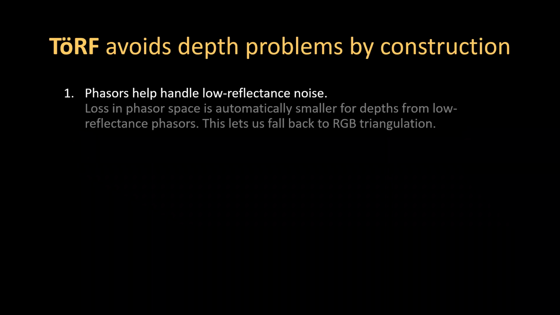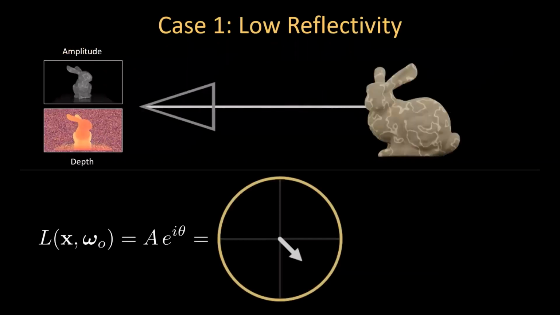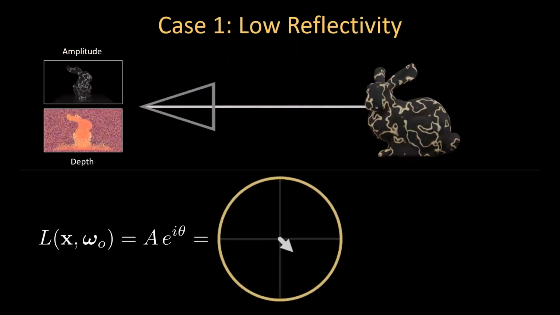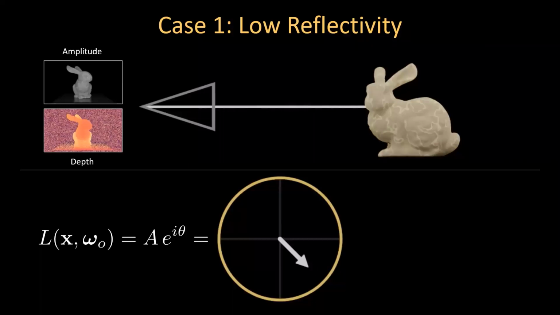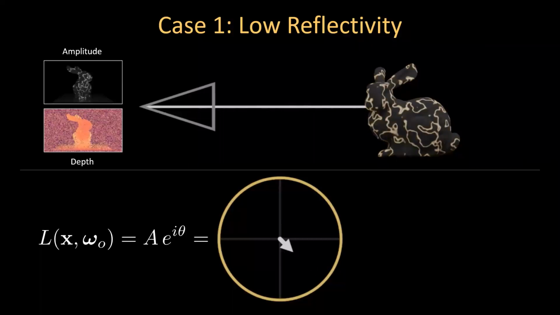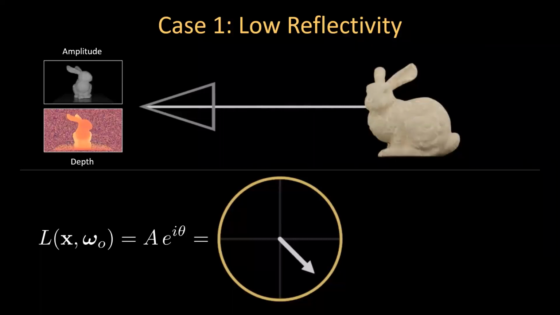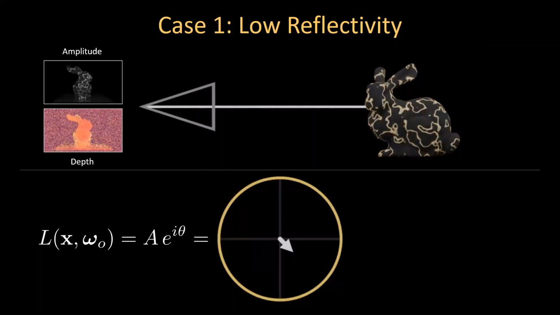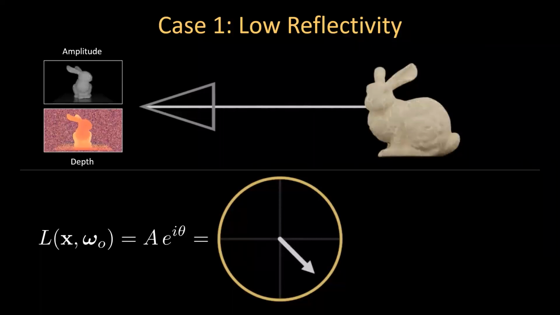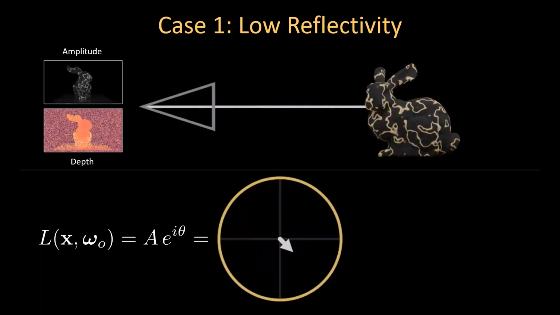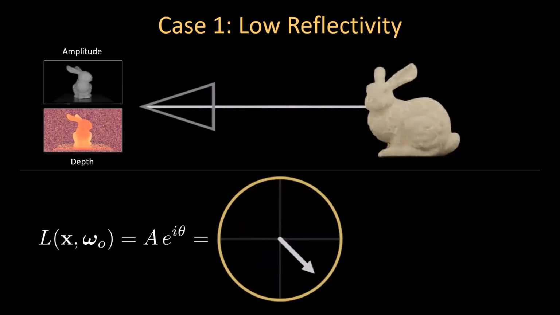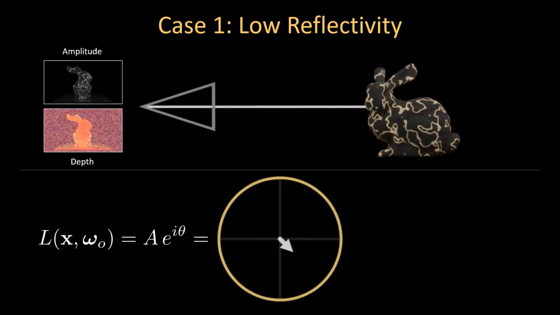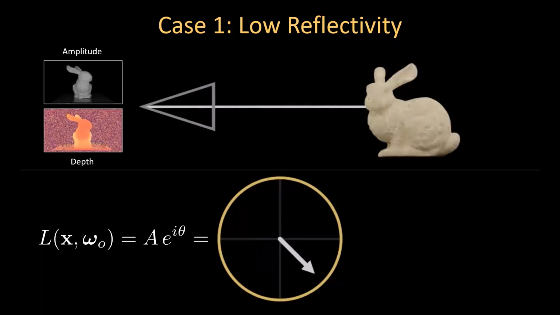Okay, let me say that again. Actually, I'll just skip to the graphic. When I have a dark object, less of that light comes back, right? And so the magnitude of this vector will be small. That means that when I have to penalize a loss, its relative contribution will be less. So you can think of this as automatically trading the two signals that are coming from the RGB camera and the time of flight camera.